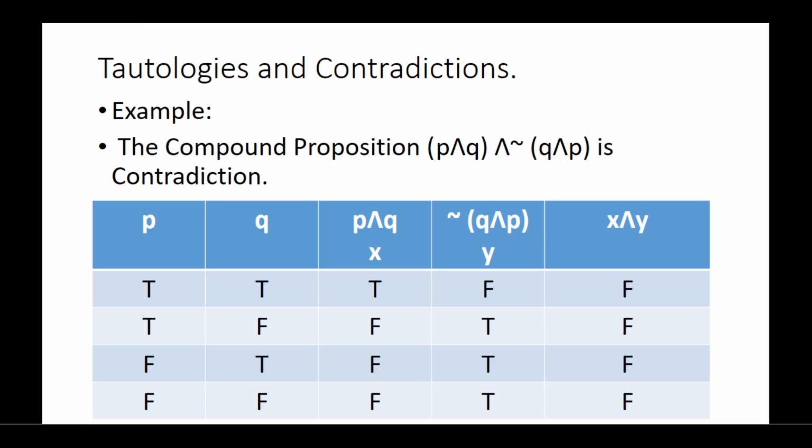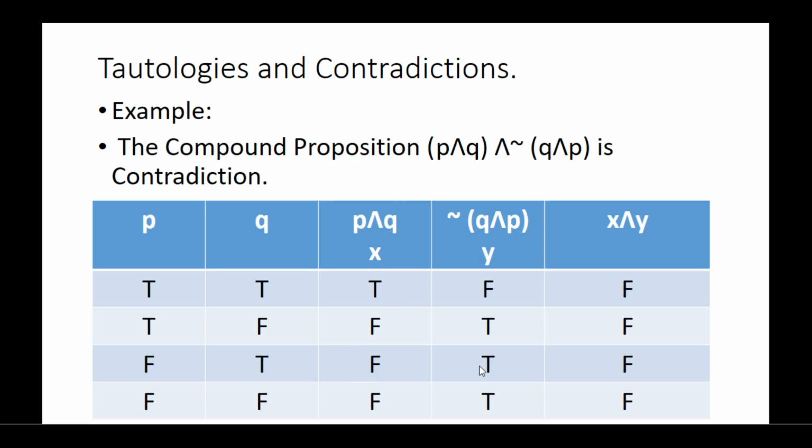If P is true, Q is false, then the conjunction of P and Q is false. Negation of (P and Q) is true. Then X and Y, false and true, is a false statement. If P is false, Q is true, the conjunction of P and Q is false.